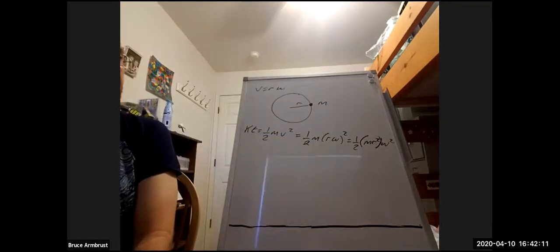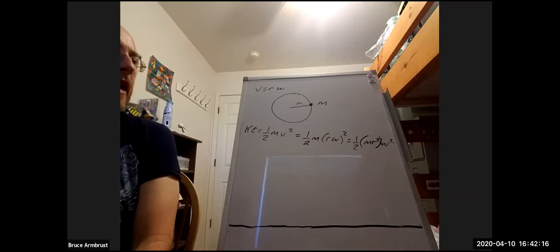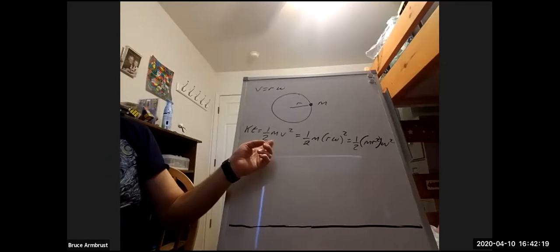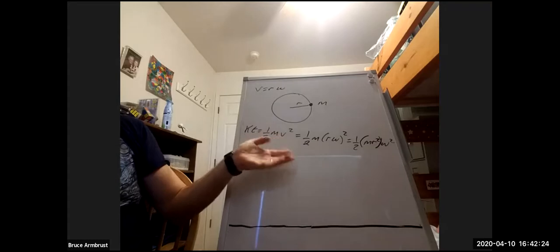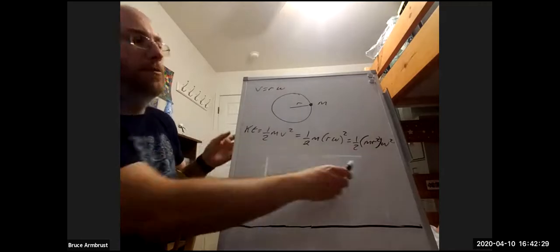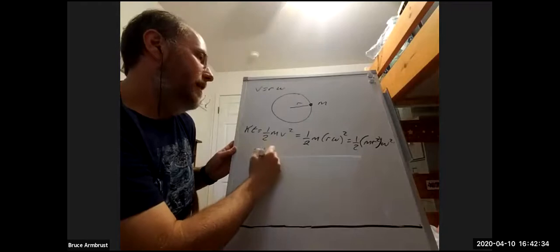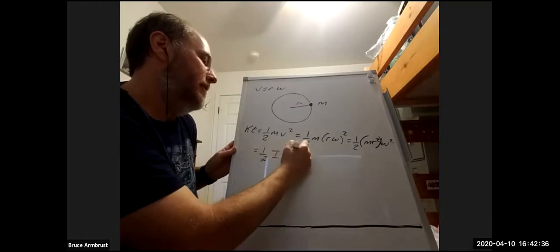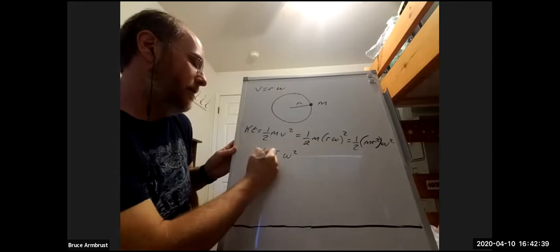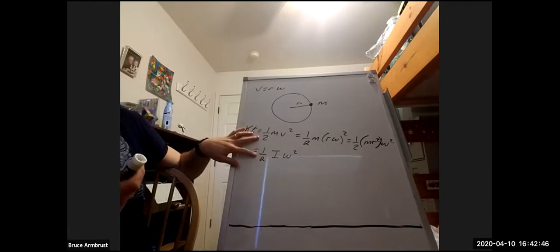If you look at that, it looks pretty similar to the linear kinetic energy, right? With linear kinetic energy, we have 1/2 something times v squared. Since this has the same form, we're going to replace that mr squared with another letter, capital I. And now these two look pretty much the same.